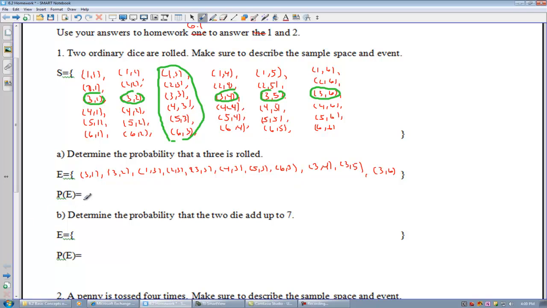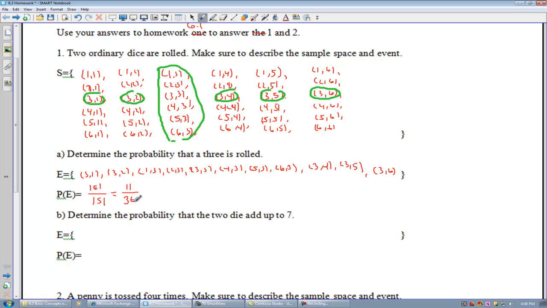All right, the probability that E occurs, well, it's just equal to the number of things in E divided by the number of things in S. And so this is equal to, just count them up, 1, 2, 3, 4, 5, 6, 7, 8, 9, 10, 11. So I have 11 things that have a 3 in them. And then divided by the number of things in S, which was 36.